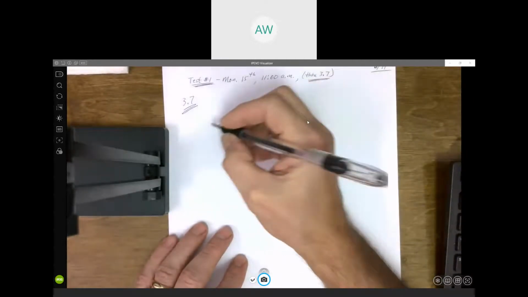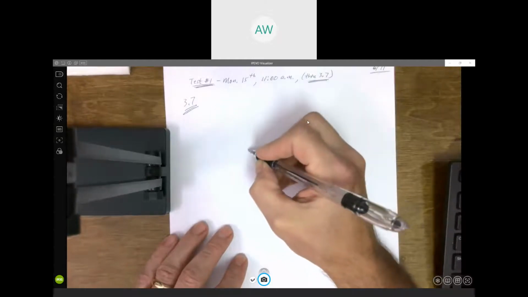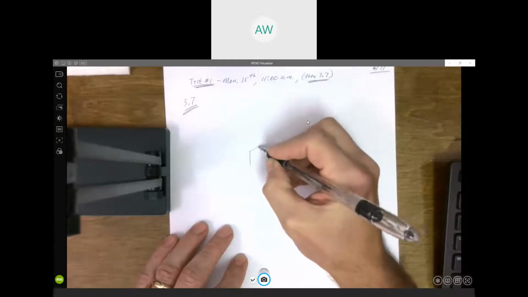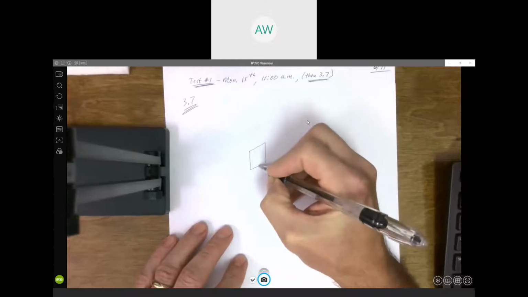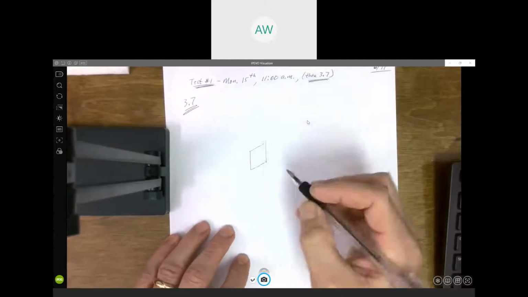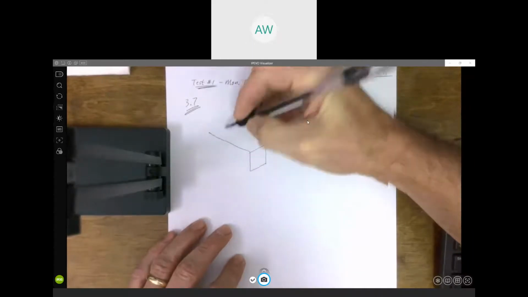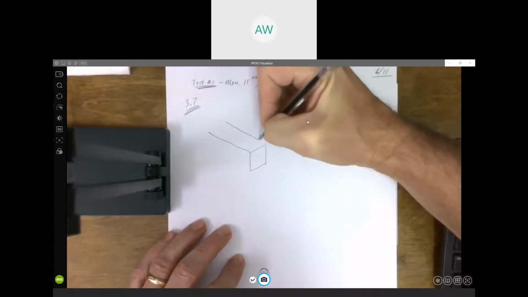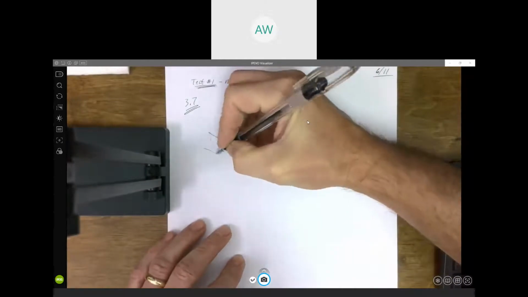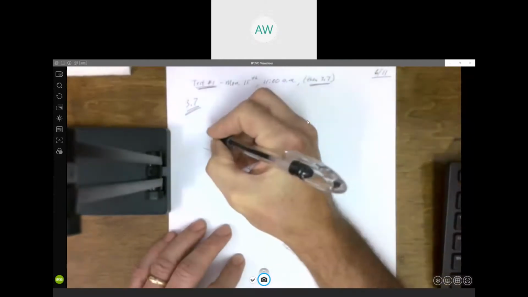Let me see. I will draw the picture first. Again, it's a 3D picture, so mine may not turn out super great. We've got just a bar with a rectangular cross section, which is usual.